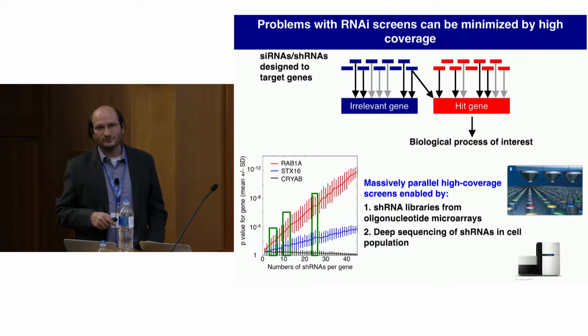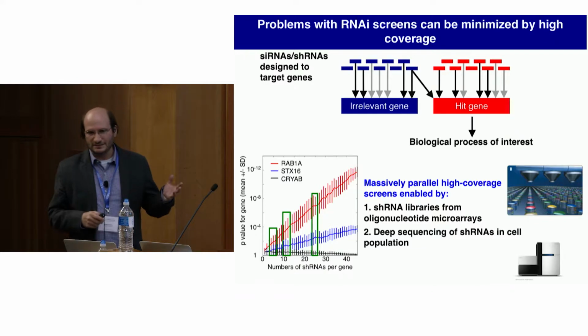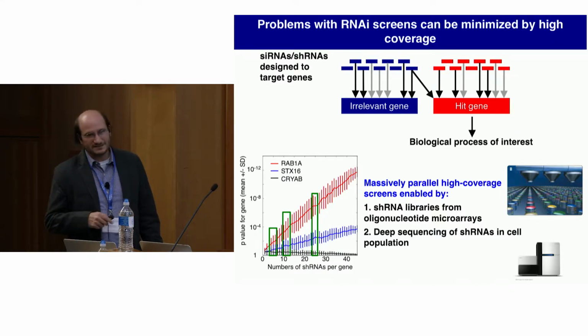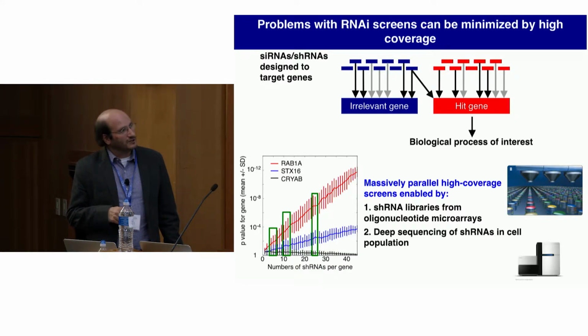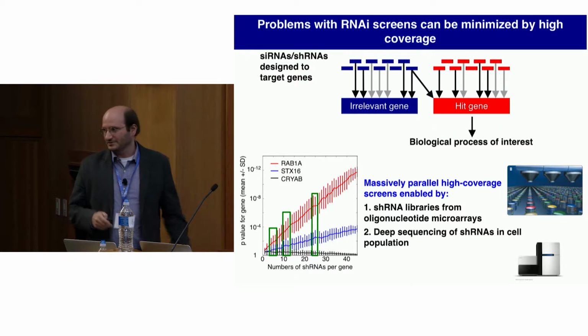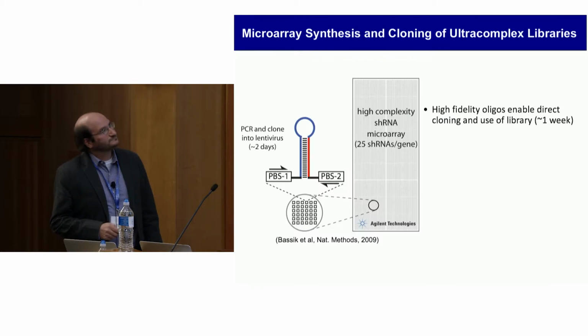And of course, it's possible because of the 2 key technologies that enable a lot of what we're doing now: the ability to synthesize these pooled libraries on a complex microarray synthesis platform, and the ability to sequence those libraries at the end.